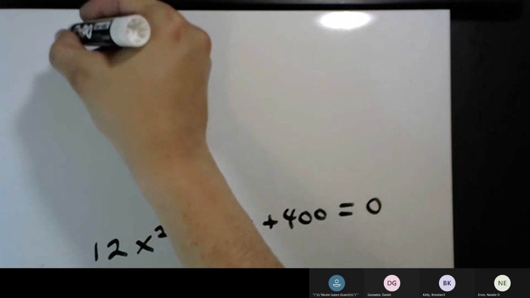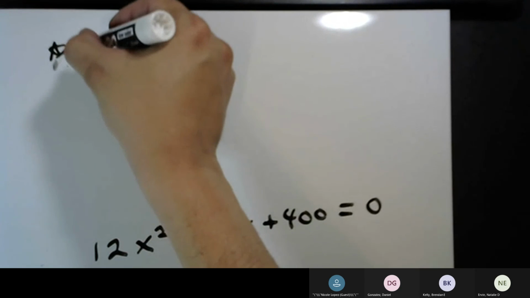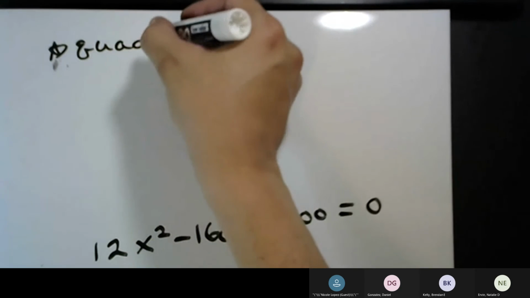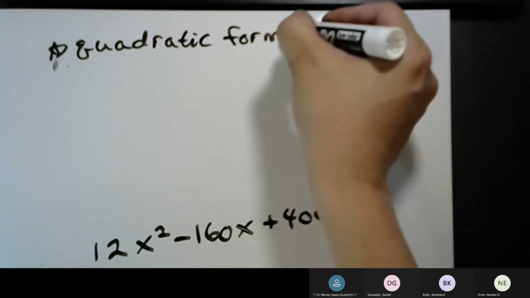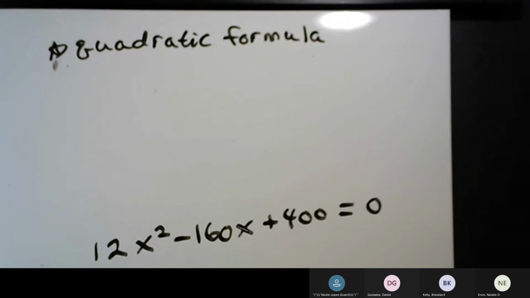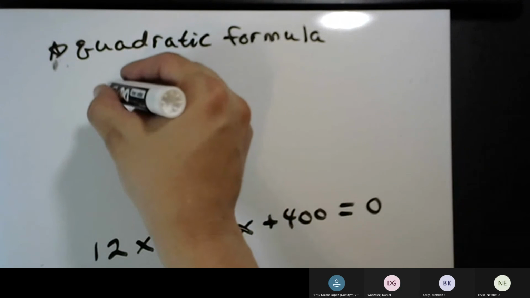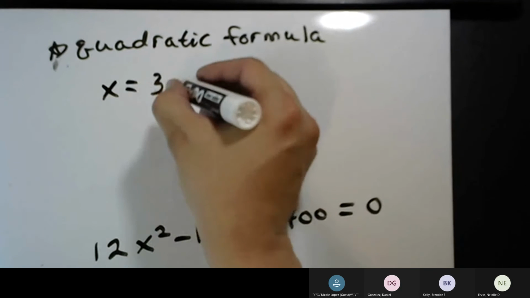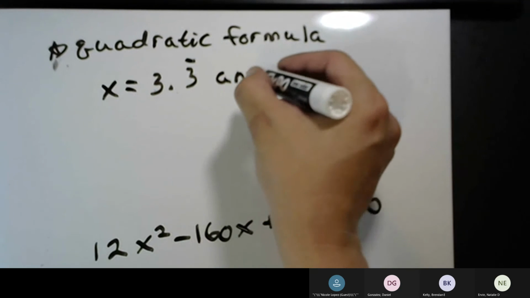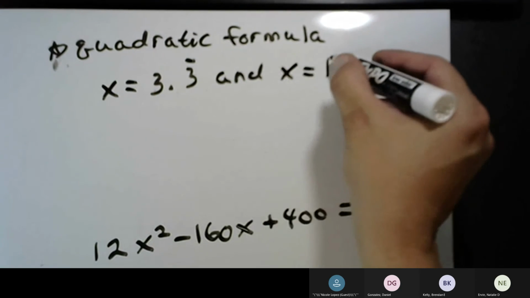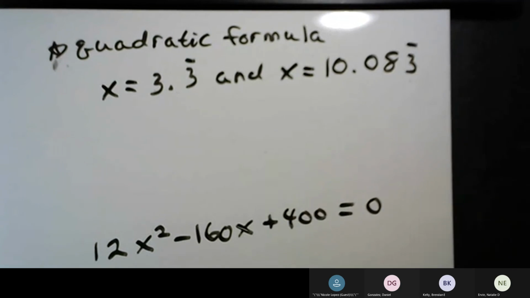When we do that, we can use the quadratic formula. It's going to be kind of a messy calculation, but what you'll get is x is either 3.3 repeating, or x is 10.083 repeating.